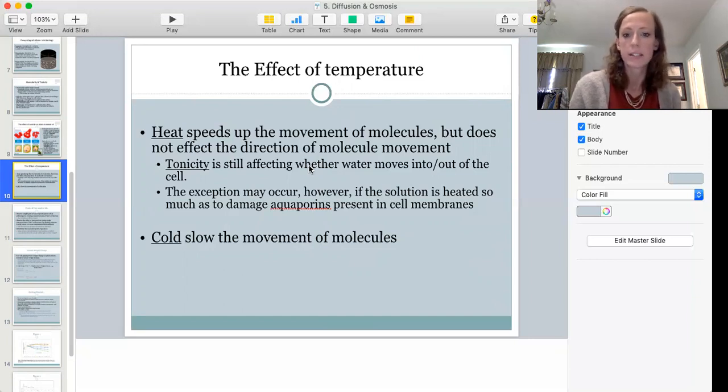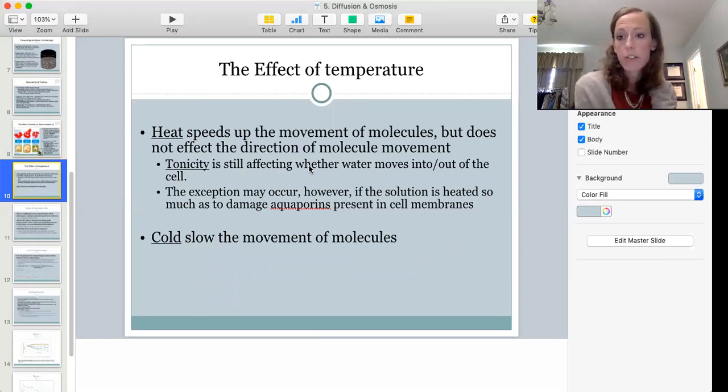You're still going to see the influx or efflux of water based on tonicity, but you will see that process happen quicker when you apply heat to the cell. If the cell is placed in a colder environment, then the opposite will happen. The movement of the molecules will slow down, and you won't see that change happen as rapidly, okay?